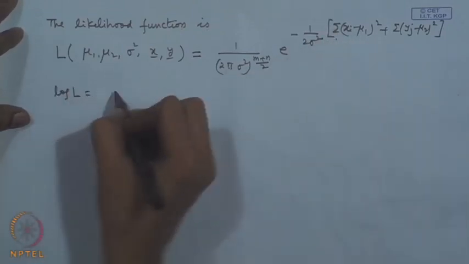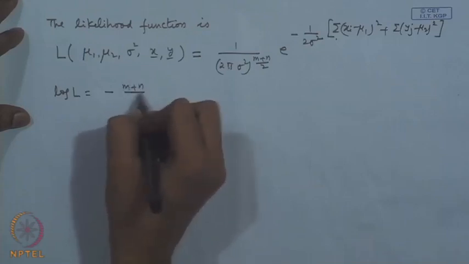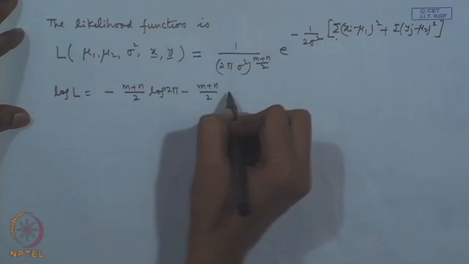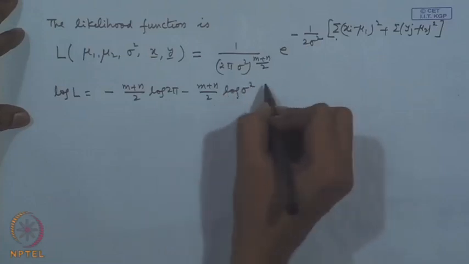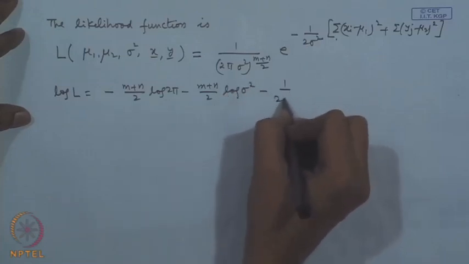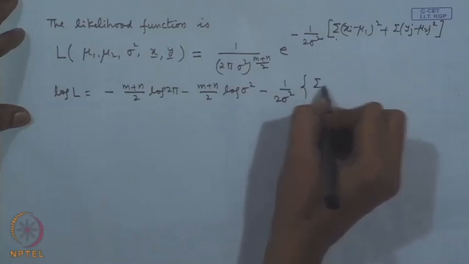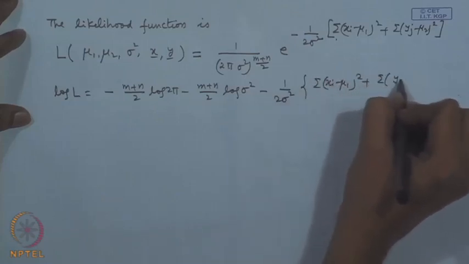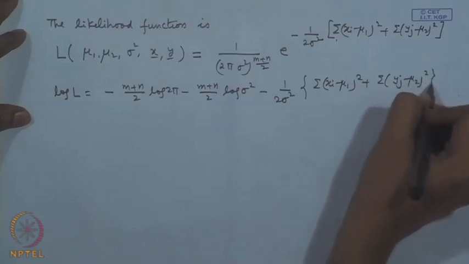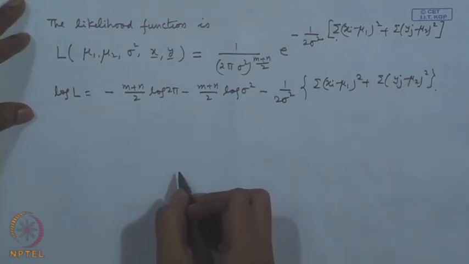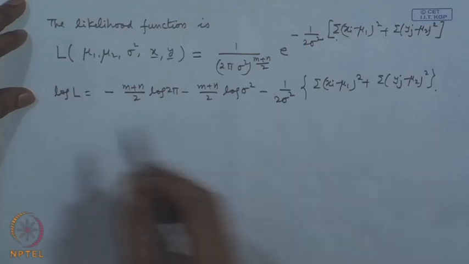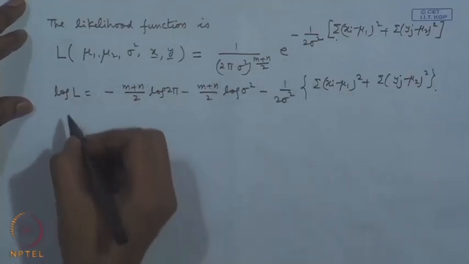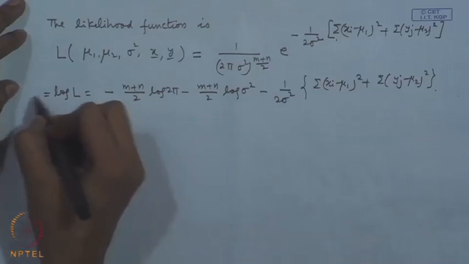Log of L is equal to minus m plus n by 2 log of 2 pi minus m plus n by 2 log of sigma square minus 1 by 2 sigma square, sigma x i minus mu 1 square plus sigma y j minus mu 2 square. If I consider the maximization over the full parameter space, let me write this as small l.